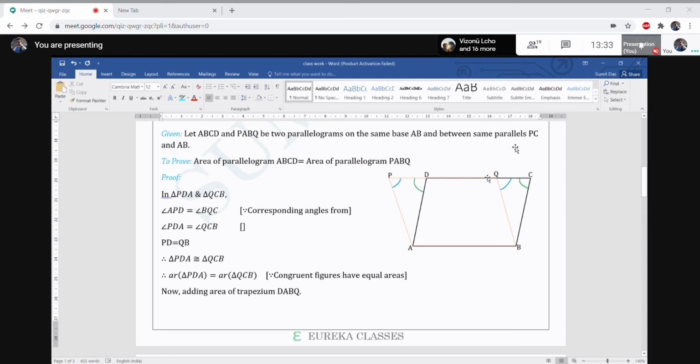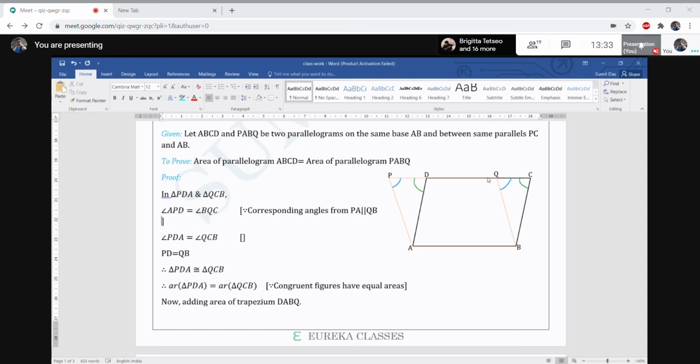So we'll write: because PA parallel to QB and PC transversal.